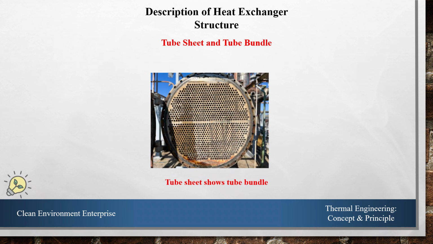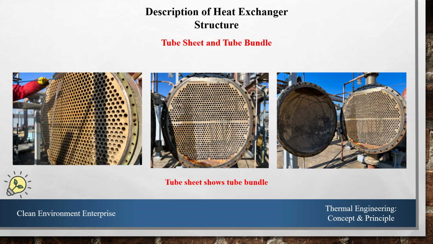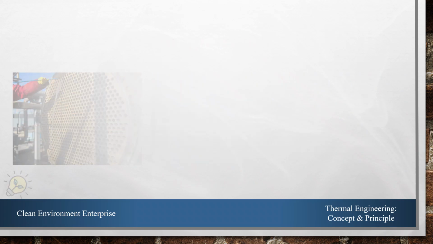In this photo, we may see that there is a tube sheet, and the tube sheet, in fact, is a piece of metal perforated with holes, and these holes usually correspond to the number of tubes of the heat exchanger, and usually the tubes are connected to this tube sheet by soldering, and on both sides there could be tube sheets on the left hand side and the right hand side of the heat exchanger.